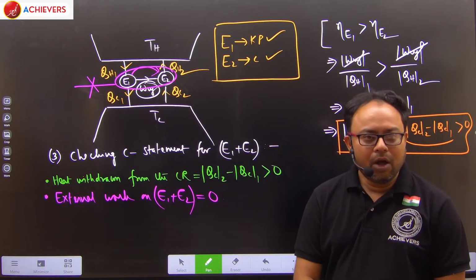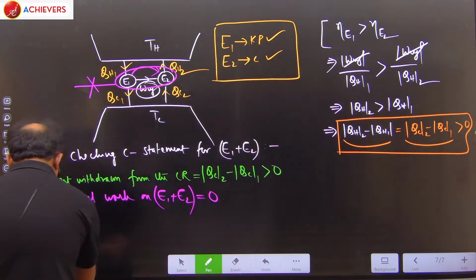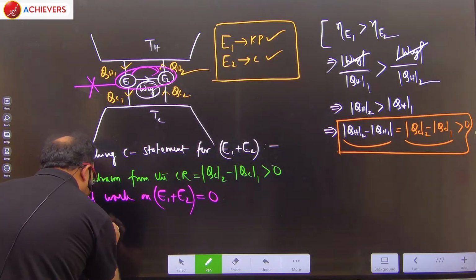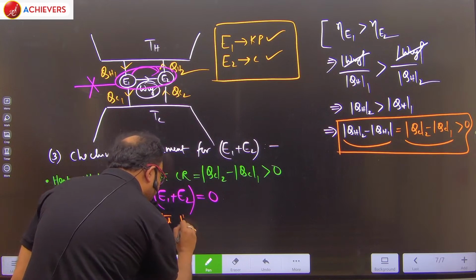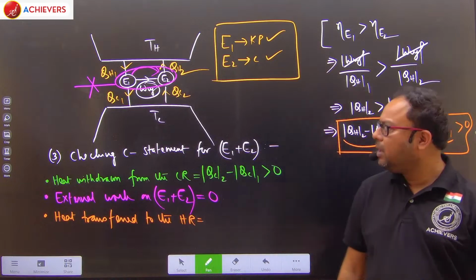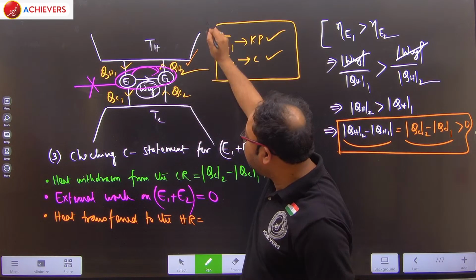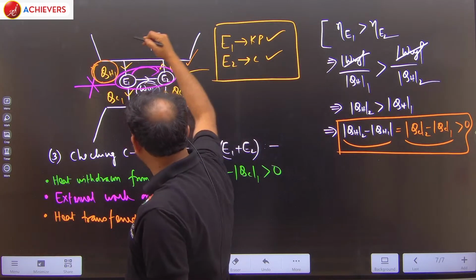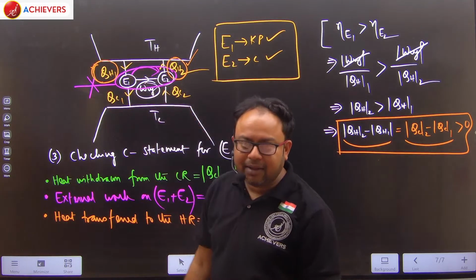Next. What is the heat transferred to the hot reservoir? If you ponder into the diagram, you will see QH2 is going to the hot reservoir and QH1 is coming back.